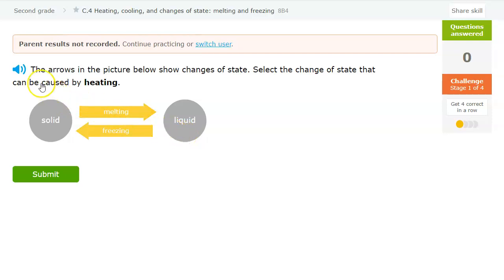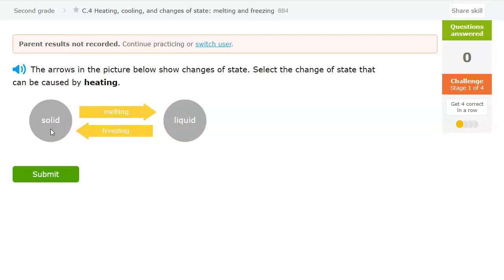The question says, the arrows in the picture below show changes of state. Select the change of state that can be caused by heating. We've got melting and freezing. So think about it this way. Do you take liquid water, heat it up, and get to ice?